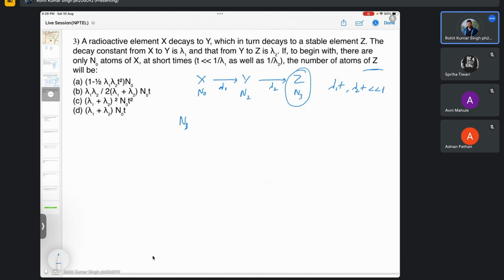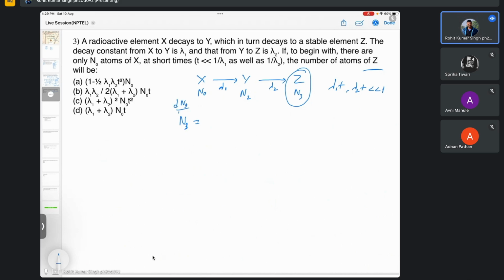I don't know if it is done in the lectures, but you can find the derivation in any standard book, or if you are not able to find or understand it, then let me know in the next session, and maybe I'll try to derive it. Okay, so right now I'll just write it.